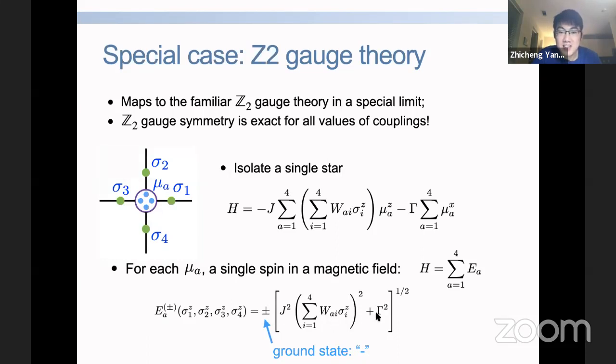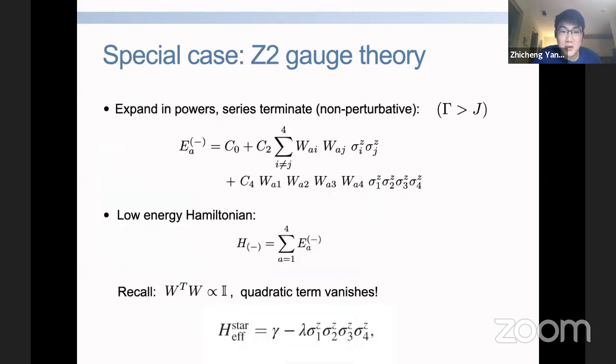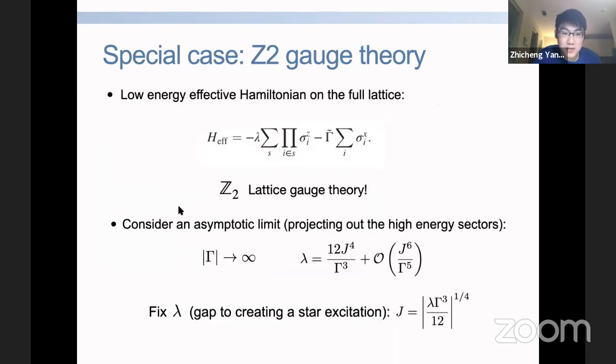Remember, I take gamma to be bigger than J, so the energy cost associated with flipping a sector is of the order of gamma. So I can take gamma to infinity, meaning that I send all these high energy sectors to infinity. But at the same time, I want the energy scale in front of this effective star term to be of order 1, because I don't want to kill that as well.